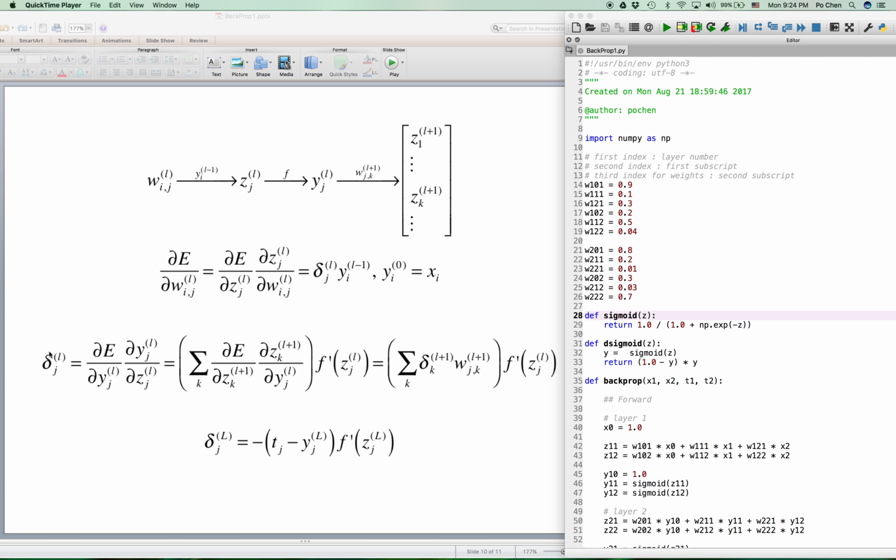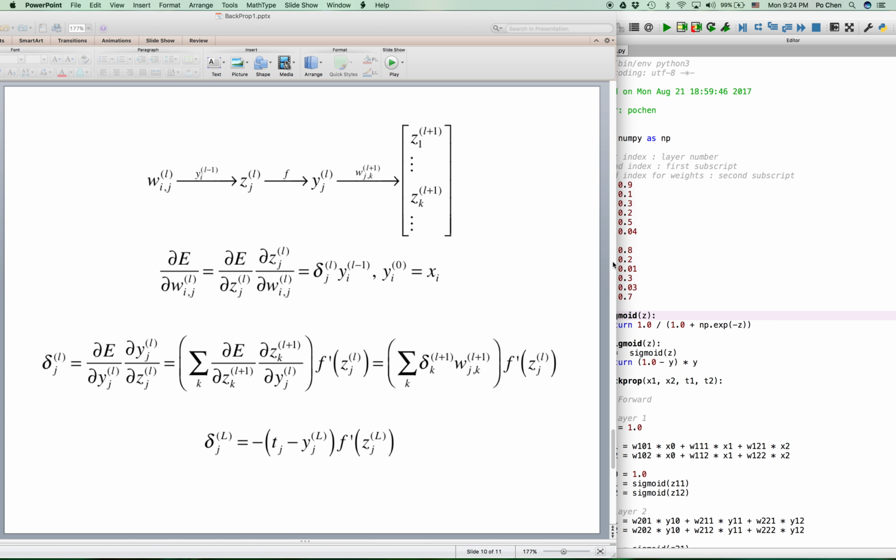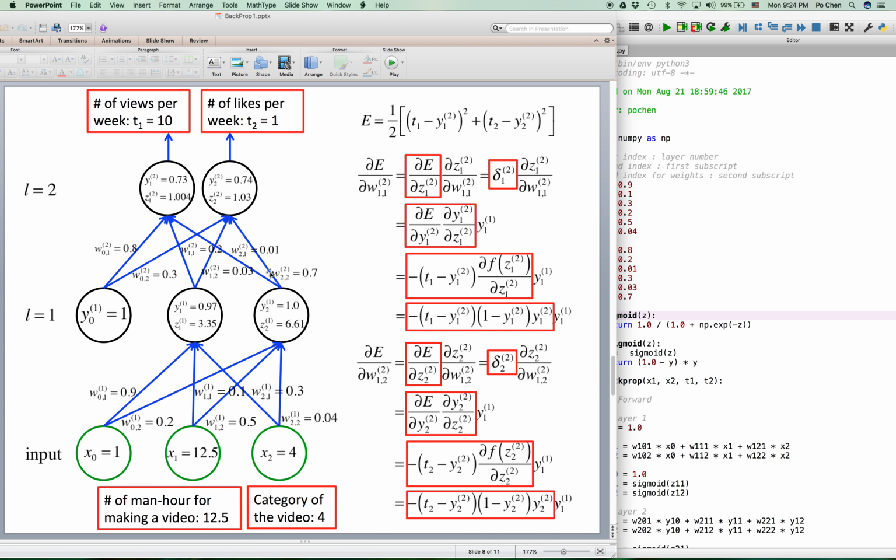In this video, let's look at how we can actually implement this algorithm in Python for our very simple neural network. This particular neural network has 2 layers. This is the input layer, and then we have 12 weights. We will evaluate the derivatives at the weight values given on this figure.